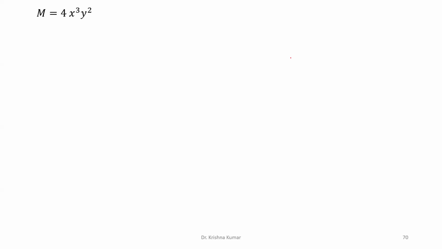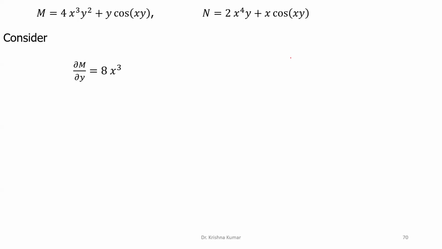So here M is 4x³y² + y cos xy, and N is 2x⁴y + x cos xy. Let us consider the partial derivative of M with respect to y, where x should be constant. So 4x³ is constant, the derivative of y² is 2y, so 2y into 4x³ is 8x³y. Then we apply the product rule: y is the first function and cos xy is the second.